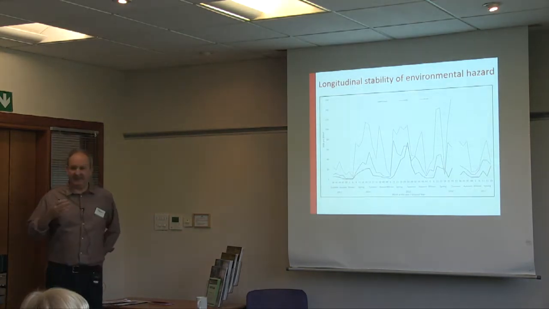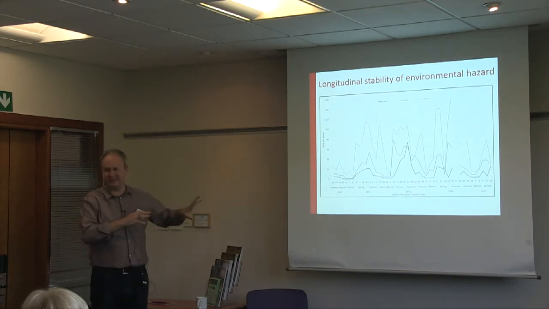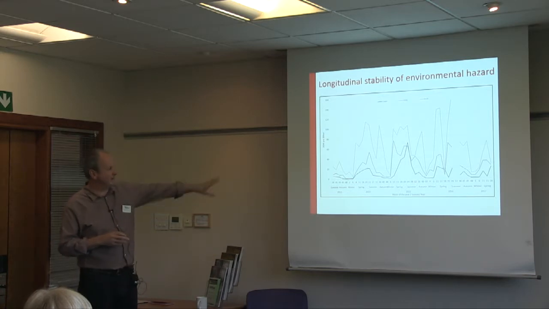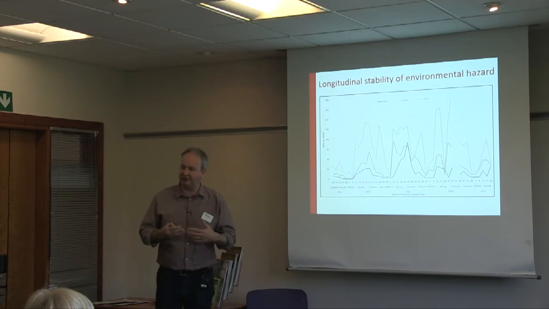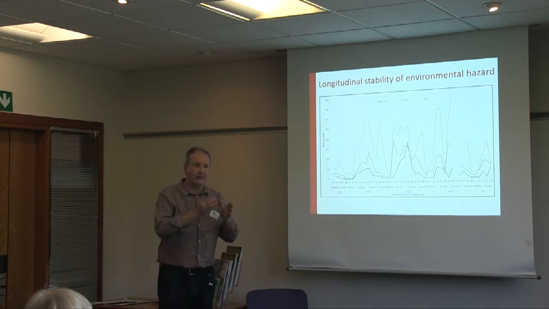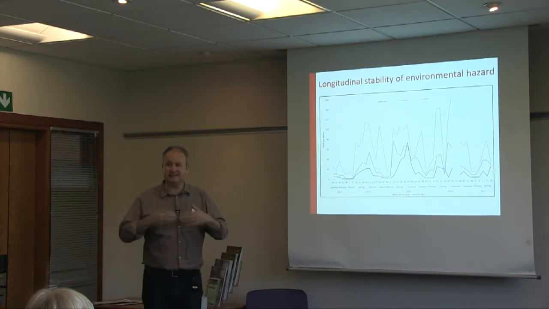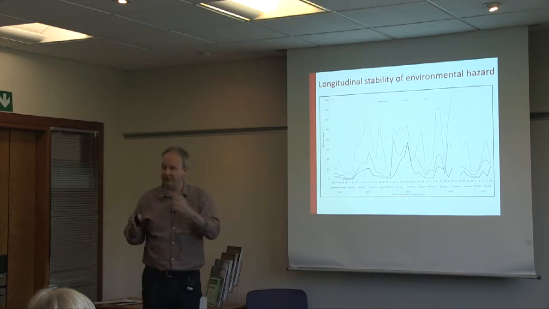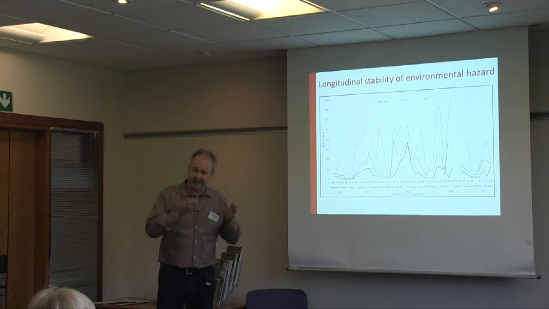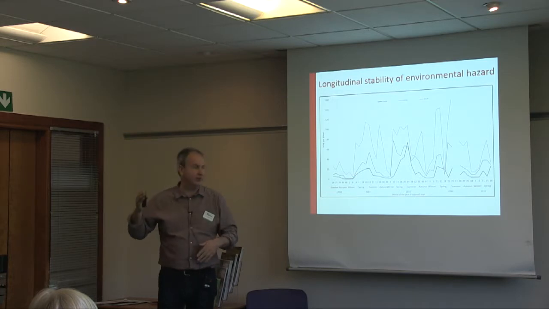And the data we get is messy, sorry for this busy slide, but these are the kind of data sets we're trying to work with, and we see some overall trends. We see, for example, that the overall density of ticks at the 3 sites varies consistently and significantly year on year, and the prevalence of Borrelia in those ticks is consistent at each site and doesn't vary much year on year.